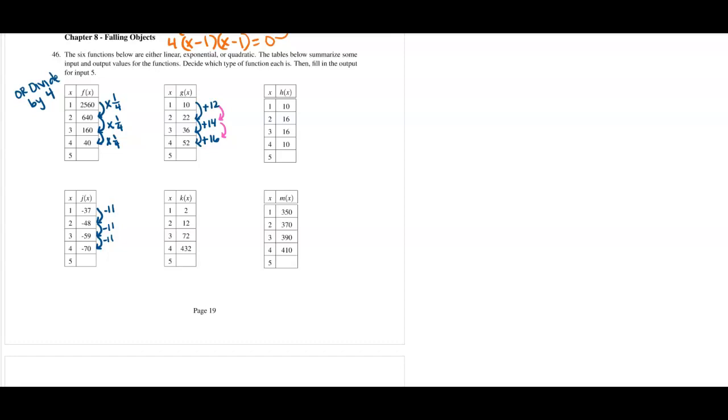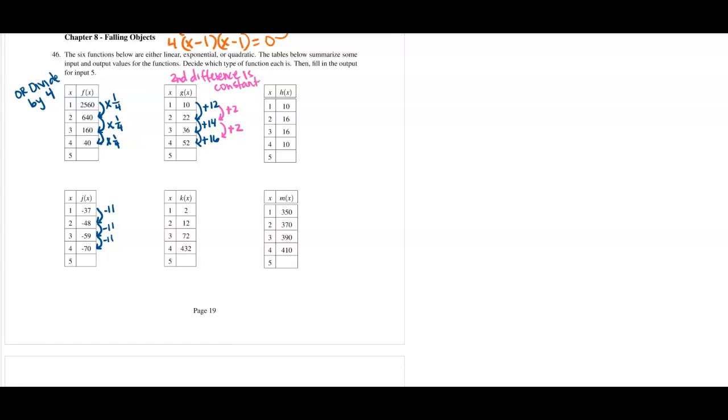So 12 plus what gives me 14? 2. And then 14 plus what gives me 16? 2. So I get the same thing here. So the second difference is constant. So let me write that here. Second difference is constant.